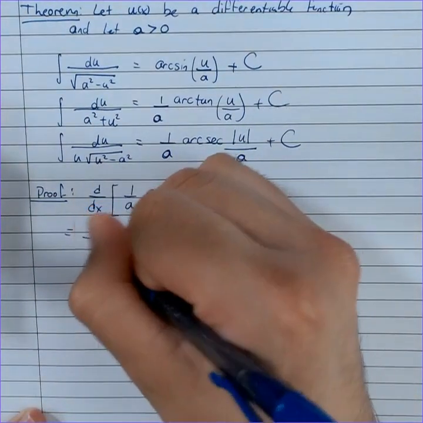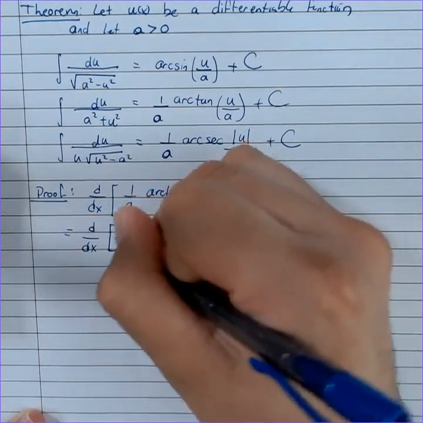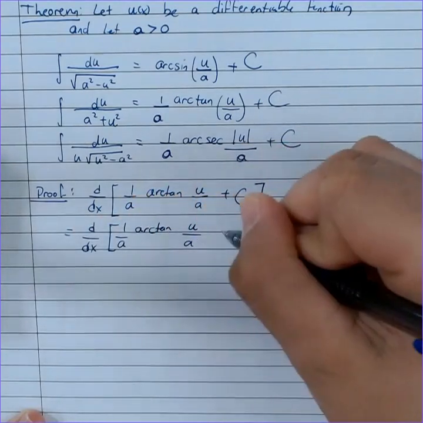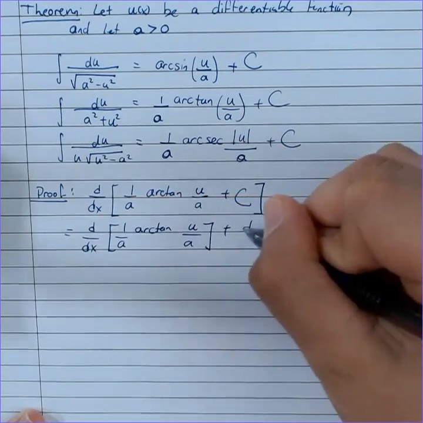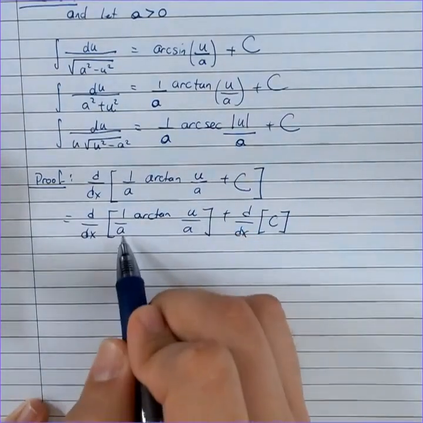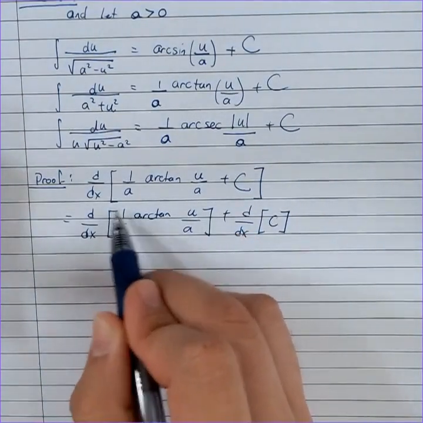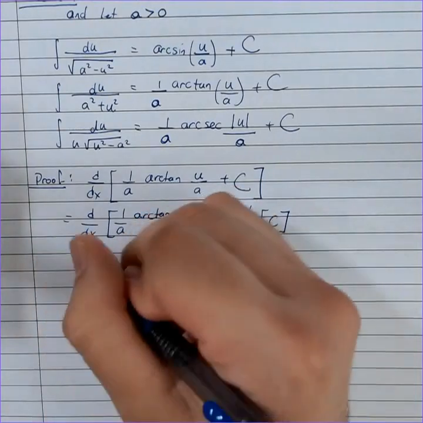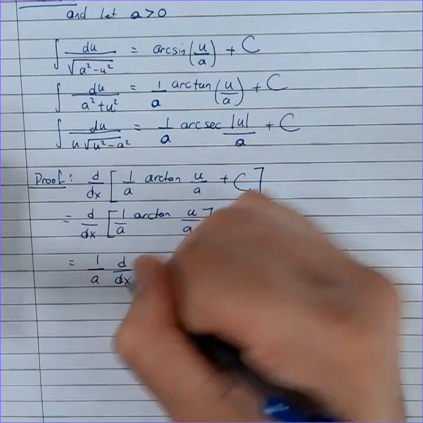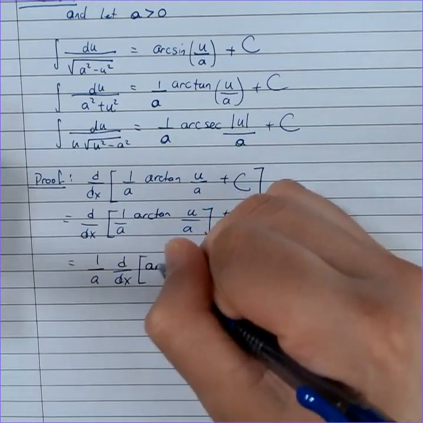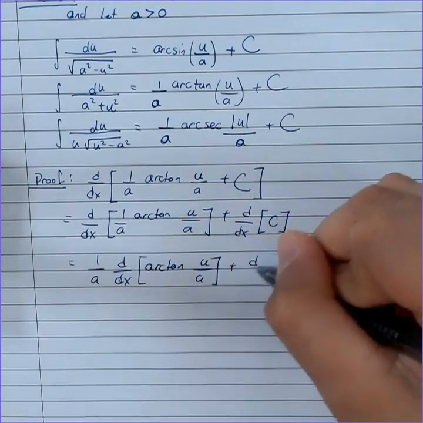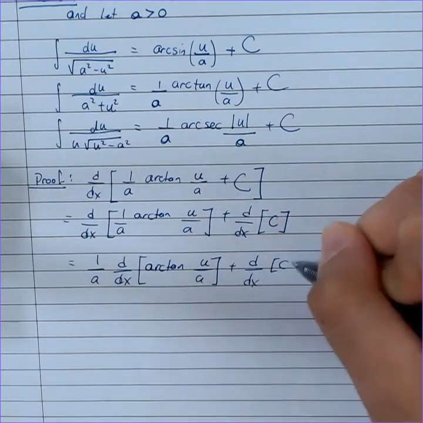So I can write this as dx of 1 over a times the arctangent of u over a plus dx, the derivative of the constant c. And again, since differentiation is a linear operation, this constant can be factored out. And so we can write this as 1 over a times dx of the arctangent of u over a plus the derivative with respect to x of the constant c.